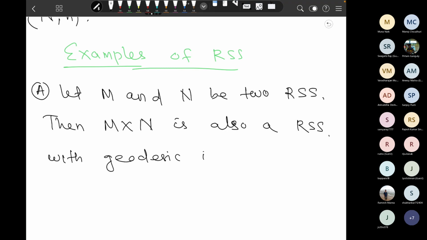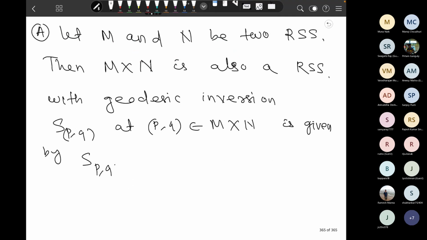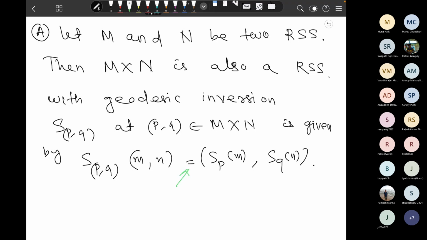The geodesic inversion S at P, Q belonging to M cross N is given by S of P, Q equal to S P on M and S Q on N. Okay, so check that S of P, Q is a geodesic inversion, a geodesic symmetry at P, Q.